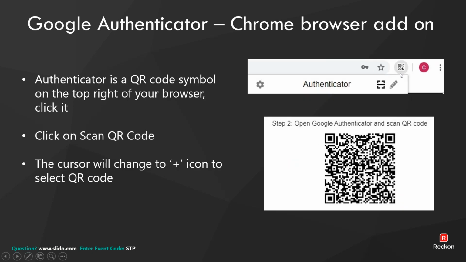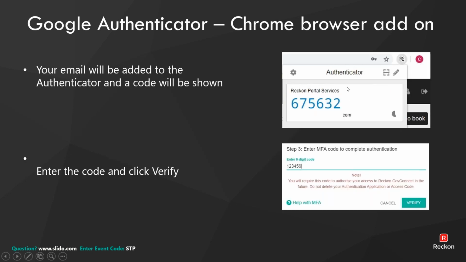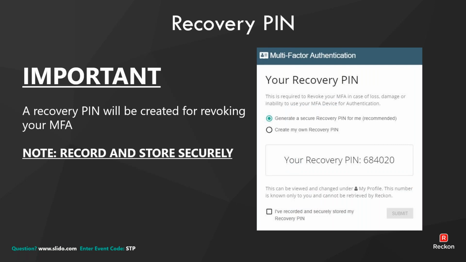And then once you launch that QR symbol, you highlight the QR code, and then it'll generate a 6-digit code, and then you enter in that 6-digit code. So basically that's just the first step to setting up your MFA.